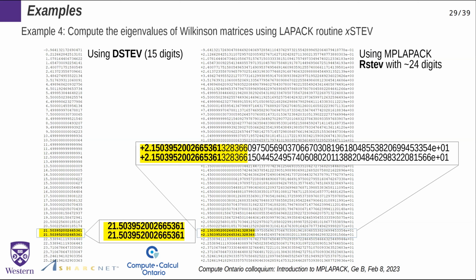So using the multiple precision version of Lapack, we are able to compute things in a higher precision. This is another example. Before, we were unable to do that with the Lapack routine. The traditional Lapack routine and the BLAS routine were written in a fixed precision. There's no way to change that. Either you get single precision or double precision. But with MP Lapack, we have that barrier removed, and we can compute in any precision we want.